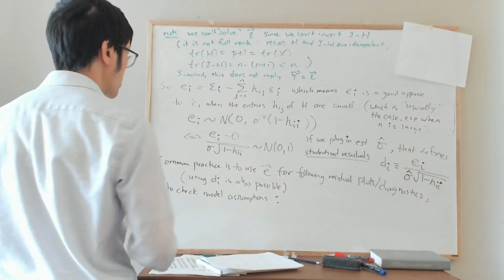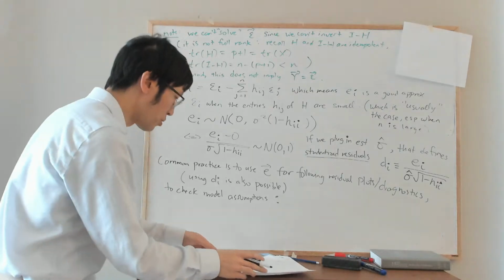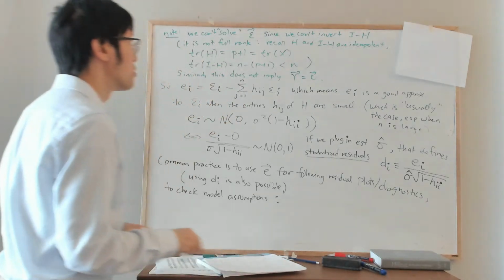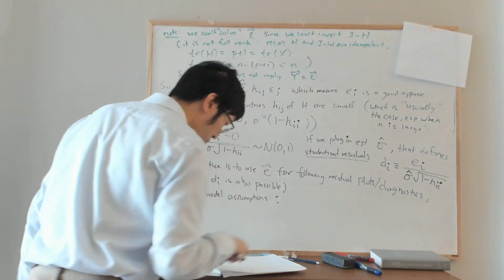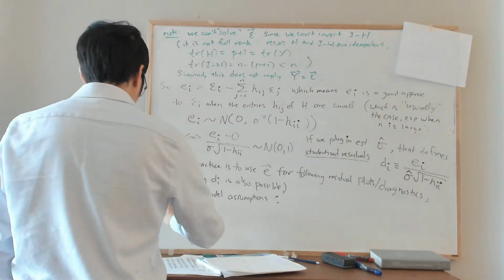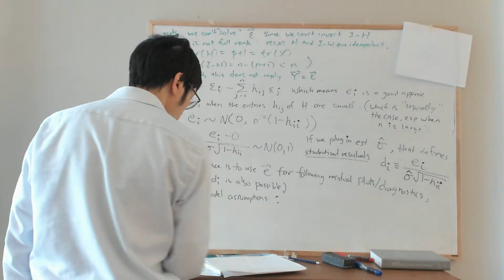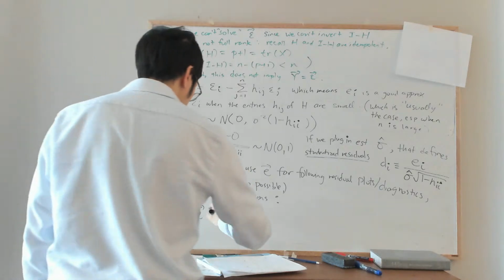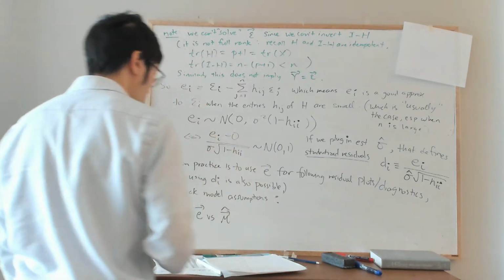Let's run through the list of plots that we can make based on the residuals, knowing that they are usually a good approximation to the underlying errors, the epsilons. So the first one is to plot the residual vector versus the fitted values, mu hat.